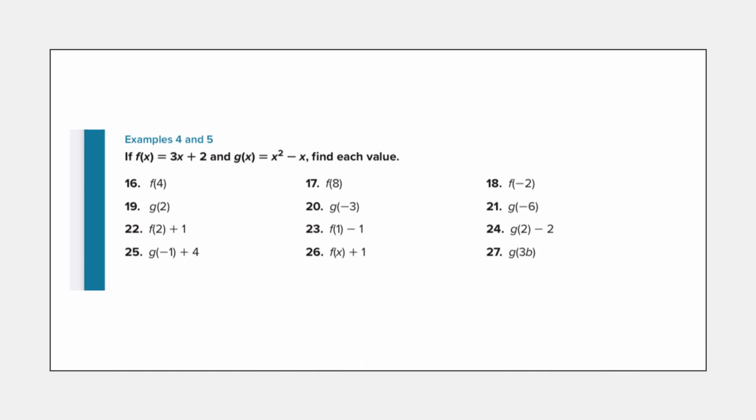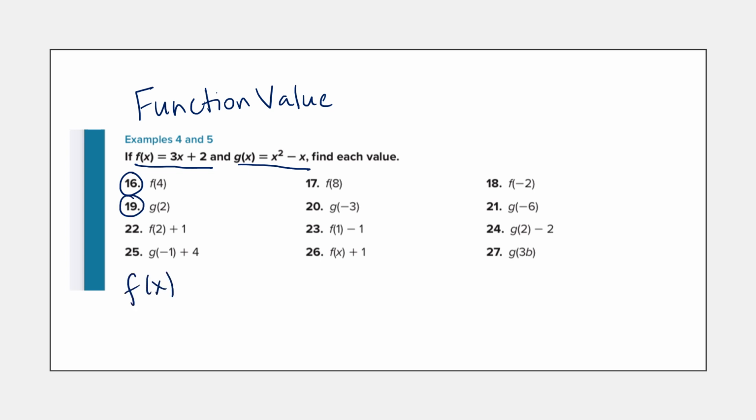Okay, next question. Here you have to find the function value at the point which is given. So f(x) is given to be this function, g(x) is given to be this function, and you are given different values. For example, f of x is given to be 3x plus 2. Let's find f of 4. Similarly, your g(x) is given to be x square minus x.